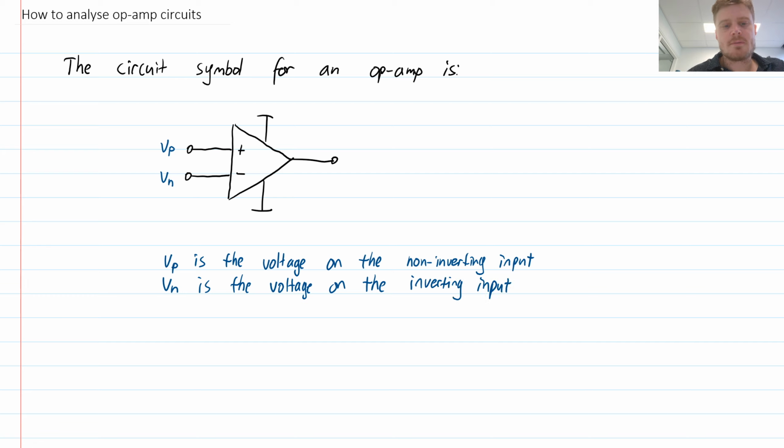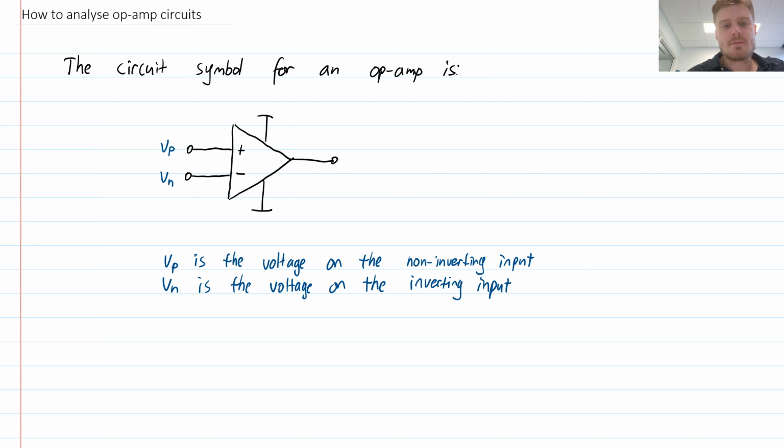If you hook the op-amp up like this, where you have plus and minus VCC, then that's said to be dual supply rails.